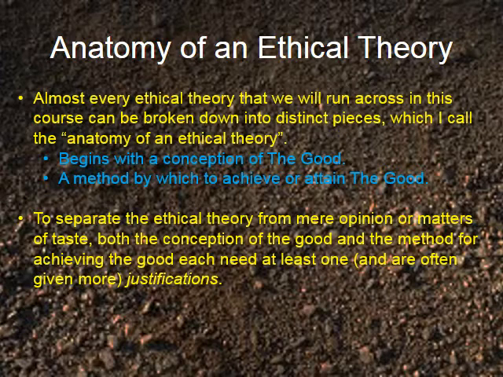In the case of the good, the justifications are about why that particular thing or things should be considered the ultimate good. In the case of method, the justification is often implicit. It explains how following the method achieves the good.